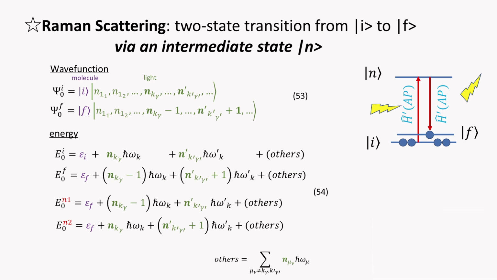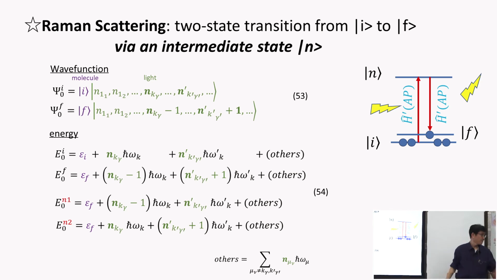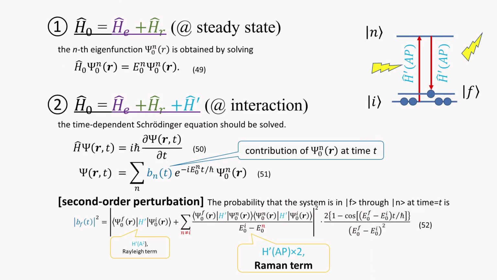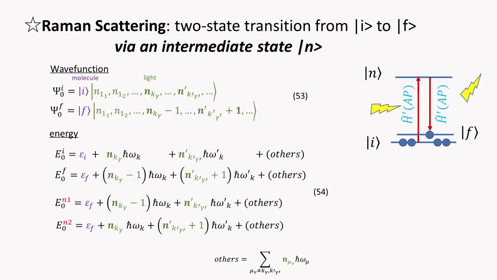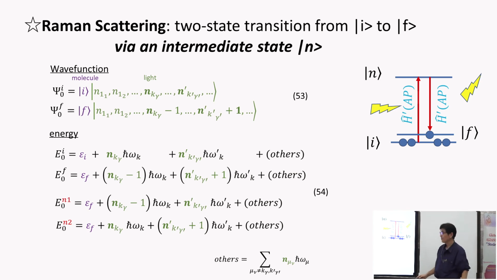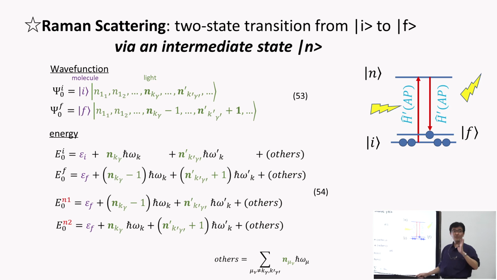And how about the intermediate state? From this equation, it's possible to consider two pathways of the transition. So we should consider two intermediates, N1 and N2.